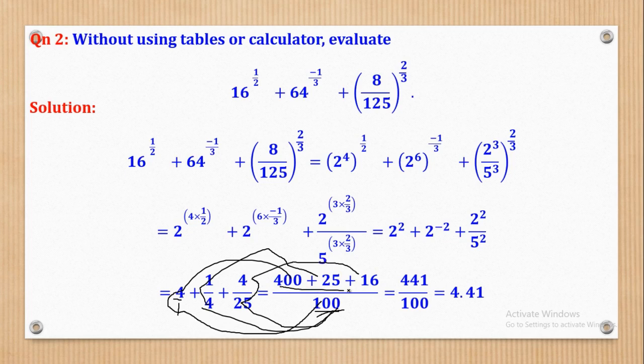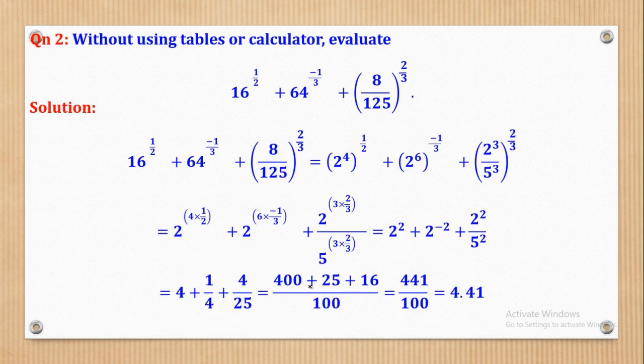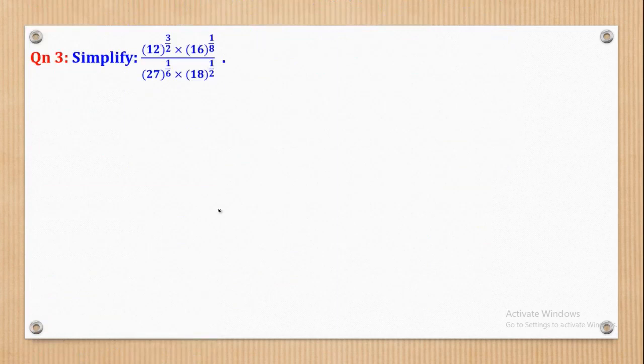Then when I add these, I come up with 441, and divided by 100 becomes 4.41. So when they say that you don't use a calculator, this part of LCM must be seen. So now we shall go to question 3, which is to simplify this.